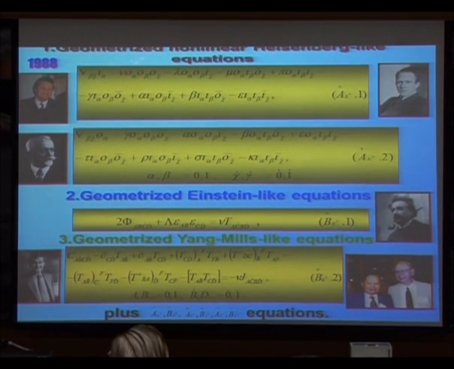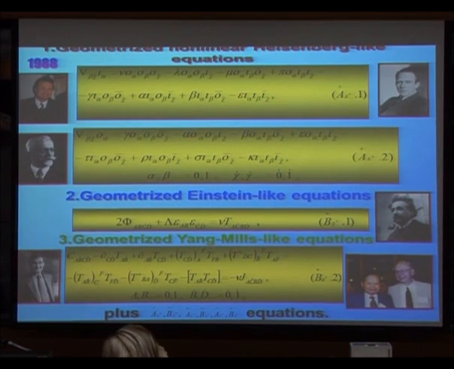In this equation, gamma, alpha, beta, and so on, are components of the torsion field. And in the Yang-Mills equation, T means the torsion field. I can say that these equations are unified equations where the role of the unified field is played by the torsion field.